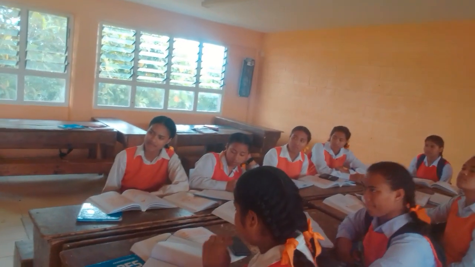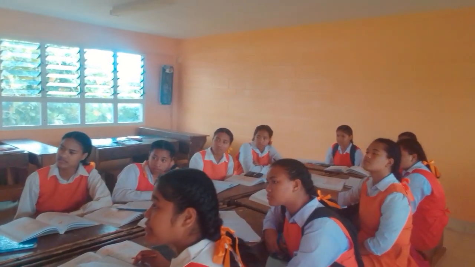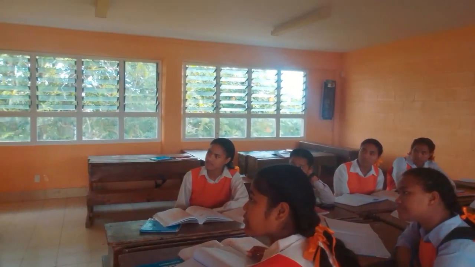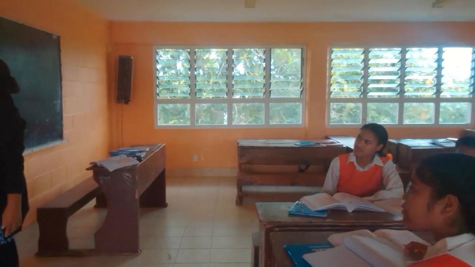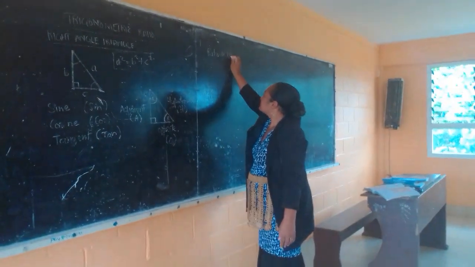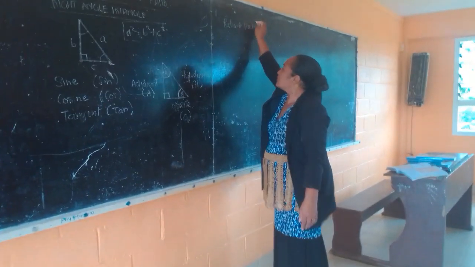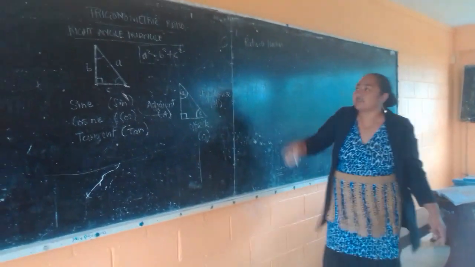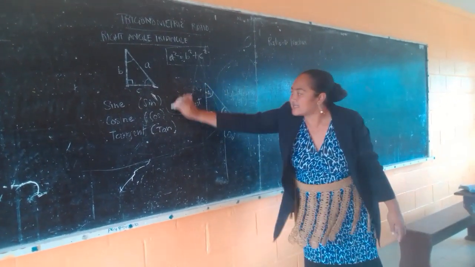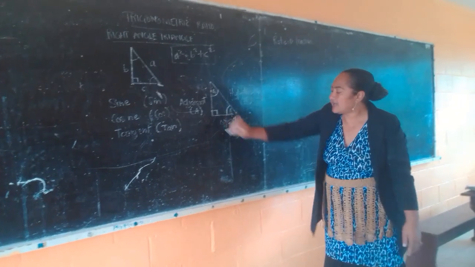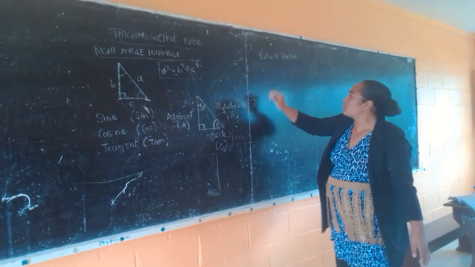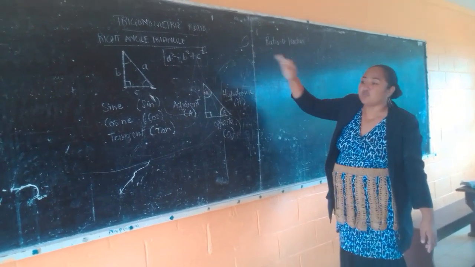There's a short form for you to remember the ratios. When we talk about ratio, it's a fraction. When we say trigonometric ratio, it means a fraction using these sides in the right angle triangle.